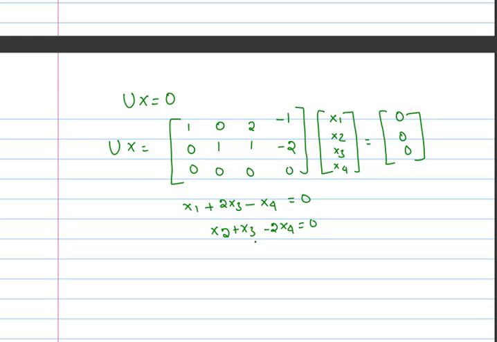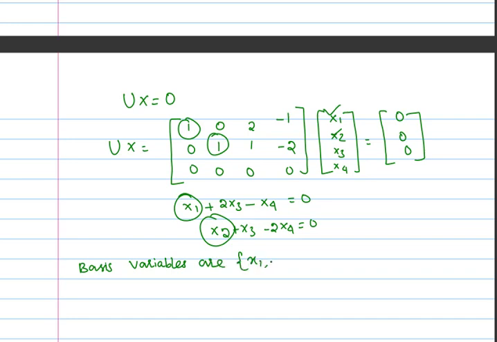Clearly, these two are the only pivot positions. So x1 and x2 are the basic variables, and the free variables are the non-pivot positions.